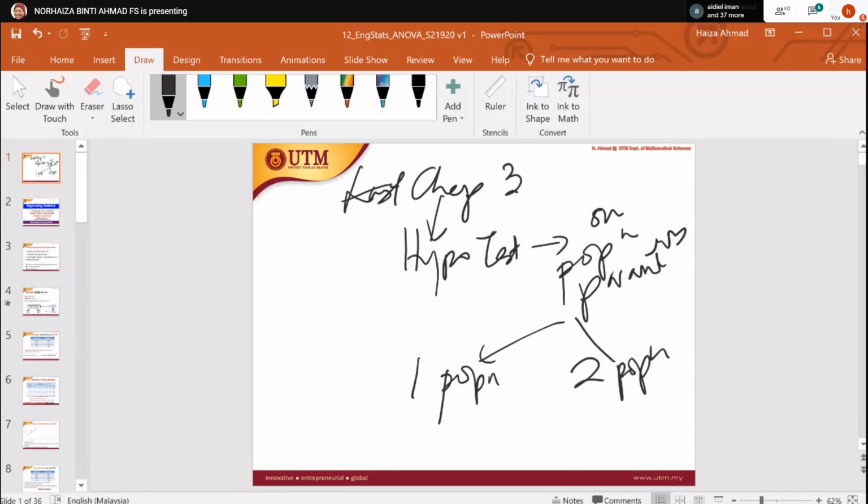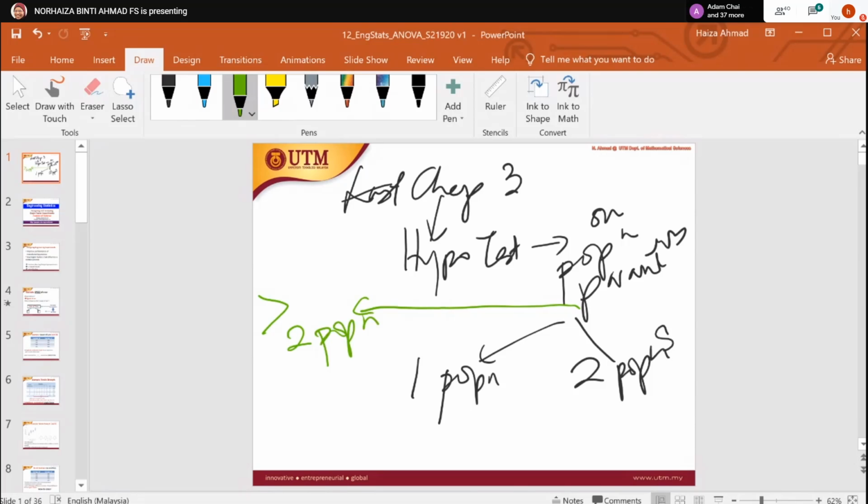The one that we looked at in chapter 3 is on the population parameters. We looked at one single population and two populations. Today we're going to look at a new one, which is when you have more than two populations.